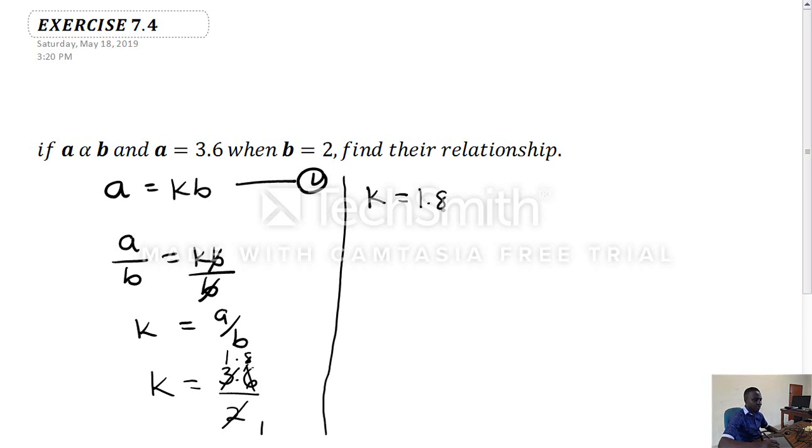Then you substitute 1.8 for k into equation 1, and you have your relationship to be a is equal to 1.8b as your equation 2. So this is the relationship between a and b: for you to get your value of a given b, you have to multiply the value of b by 1.8 to give you the value of a.